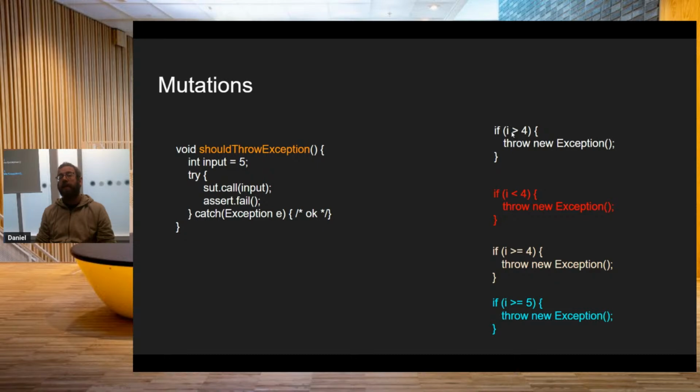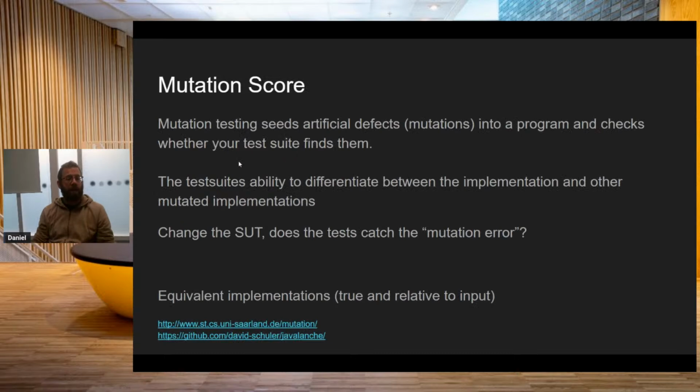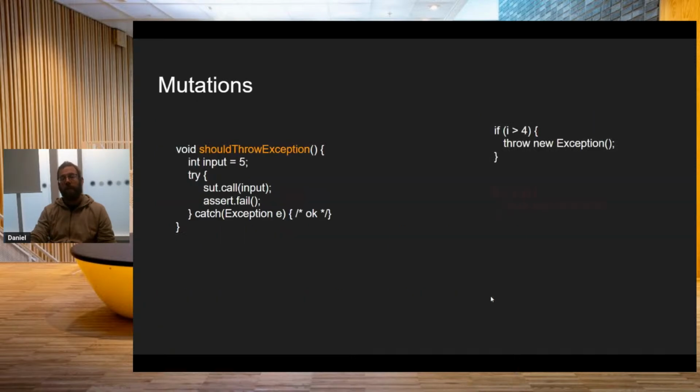For any input, they are doing the same thing. There are 2 correct versions of the system. So we can mutate ourselves to correct versions of the system. Those are called equivalent implementations. So we cannot input anything where they are doing anything other than what the system is doing.